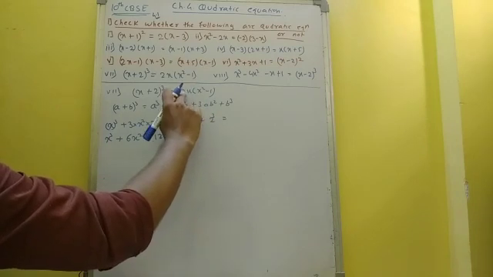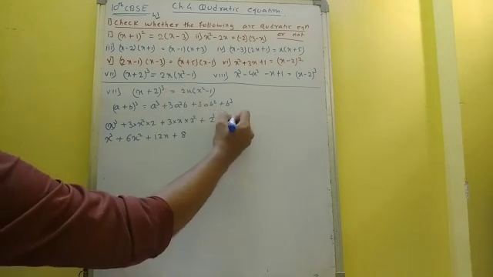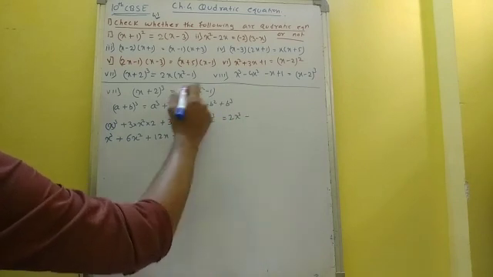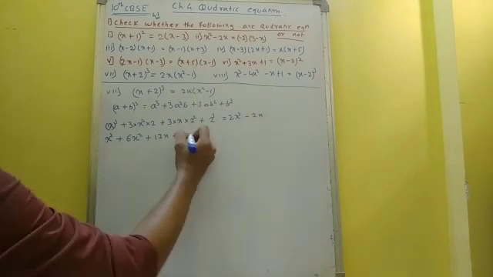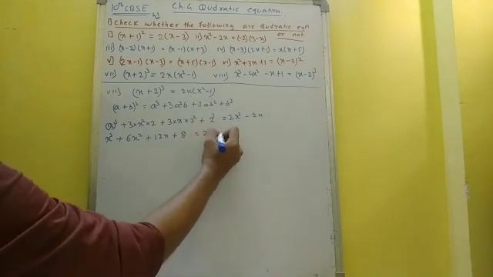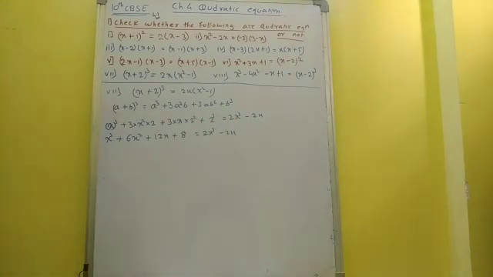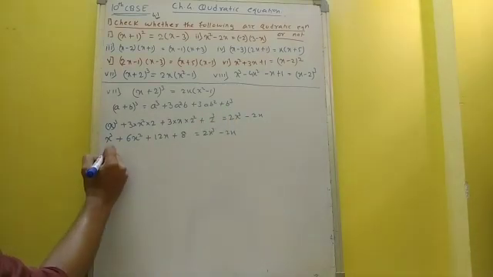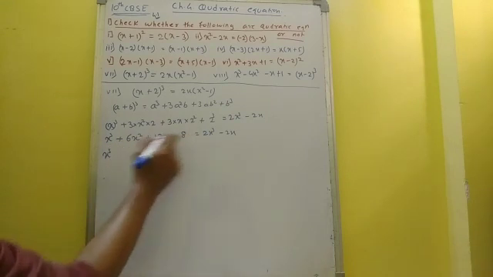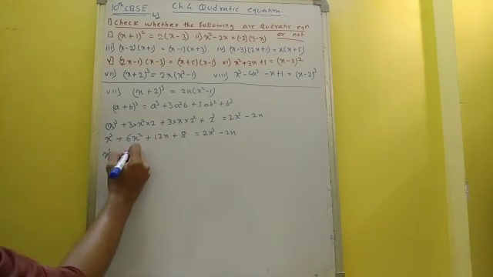When I will open the bracket, it is 2x cube minus 2x into 1 is minus 2x. 2x cube minus 2x. Okay, we will take all the terms this side. So x cube minus 2x cube.